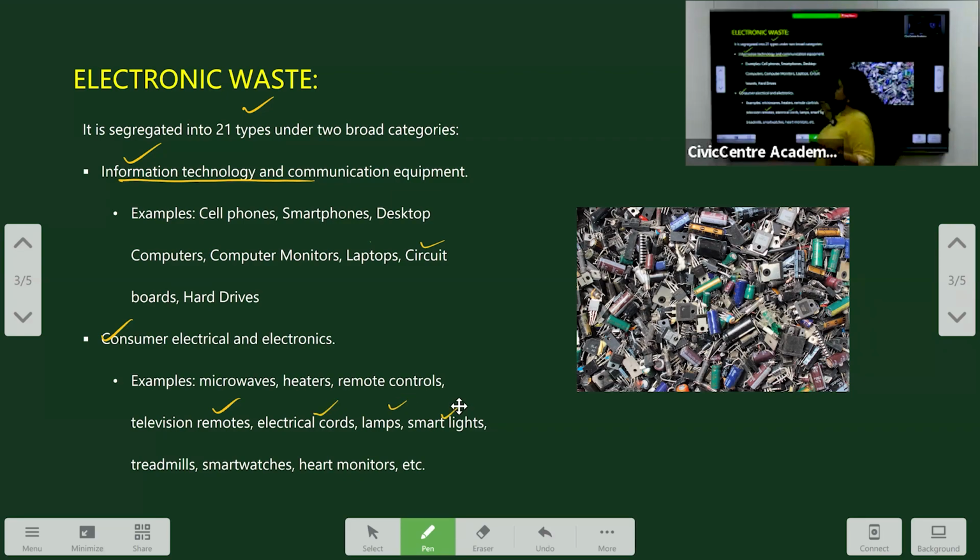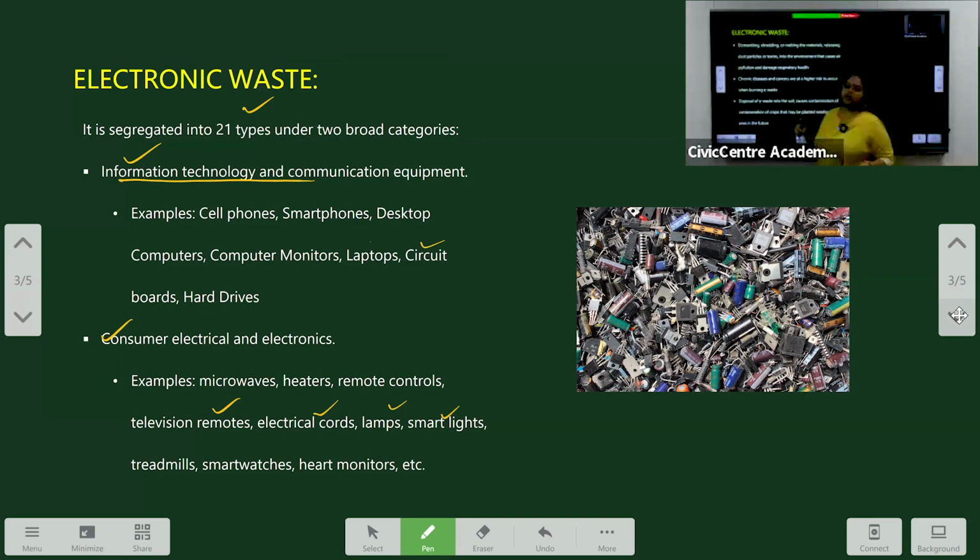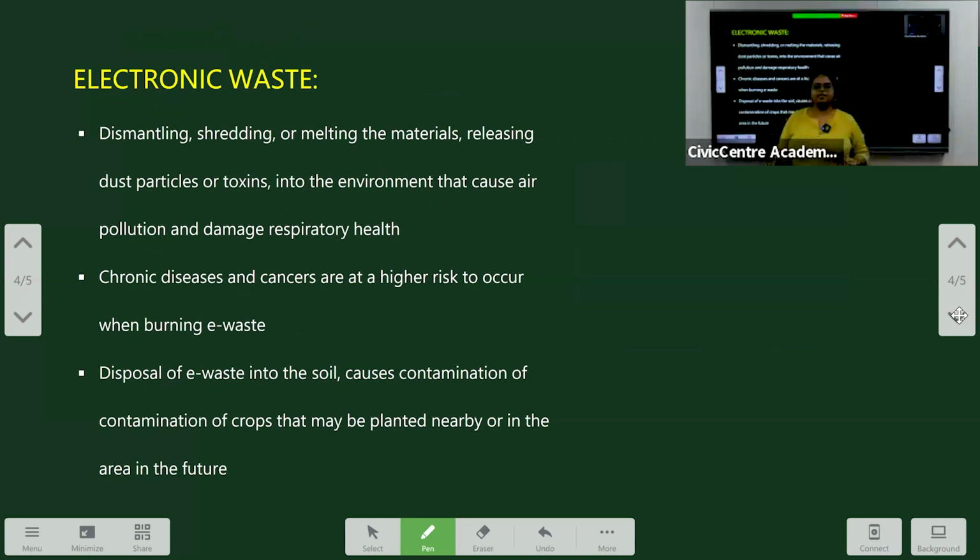These are the products that we use in our daily routine and we tend to use them on a regular basis without recycling them. Now, let's look at what happens to the e-waste that is being discarded.